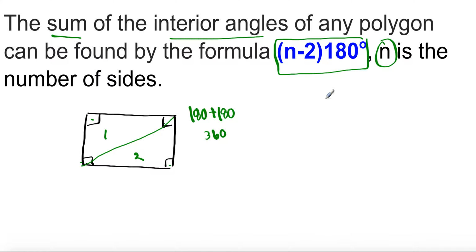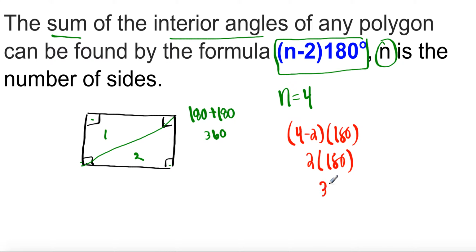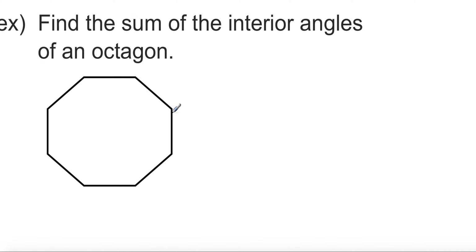To use the formula with a quadrilateral, n would equal 4. And so to plug that in, it would just be (4 minus 2) times 180. 4 minus 2 is 2, times 180, and we still get 360. So this comes from dividing up your polygon into triangles. So here's our example. We have an octagon, and we want to find the sum of the interior angles of an octagon.